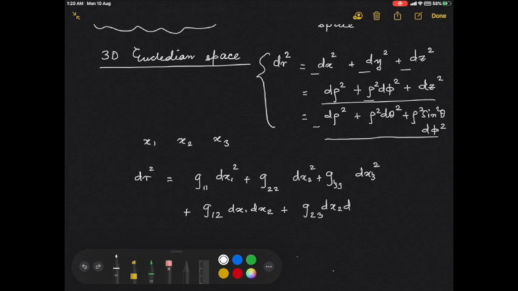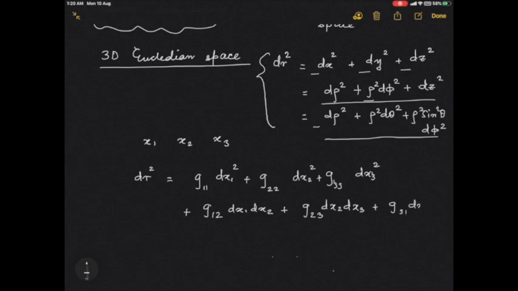Plus G31. And the space is obviously commutative, so it doesn't matter whether I write dx1 first or dx2 first. So I will have another term which is dx2 dx1, but that should be same as this. So I'll just put 2 over here.